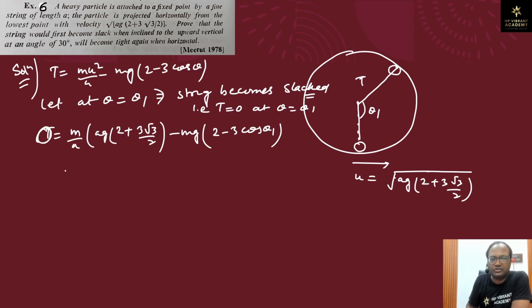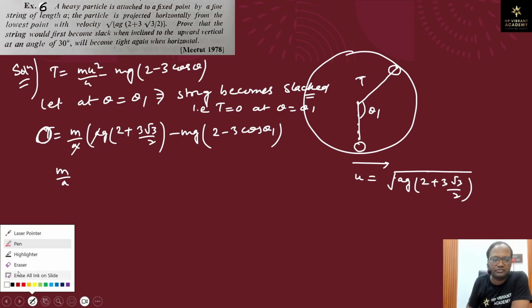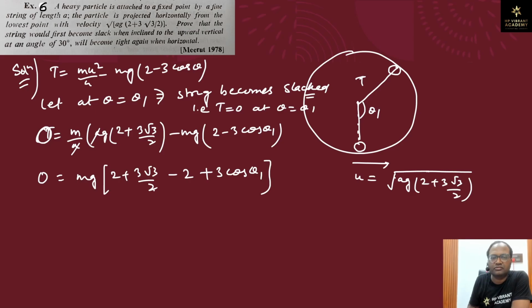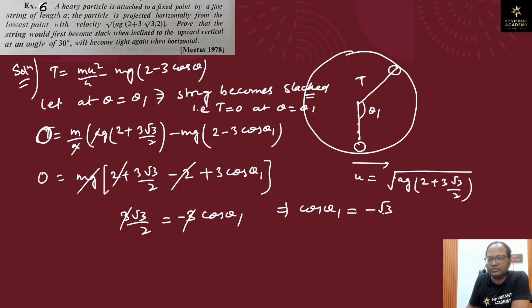So m upon a cancels with a, and we have 0 equal to mg (2 plus 3 root 3 upon 2) minus mg (2 plus 3 cos theta 1). The 2 gets cancelled, mg gets cancelled, so we have 3 root 3 upon 2 equal to 3 minus 3 cos theta 1. The 3 gets cancelled.